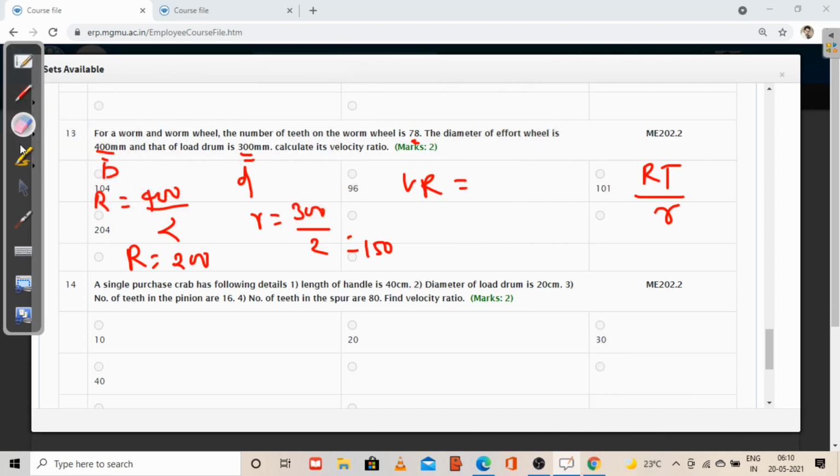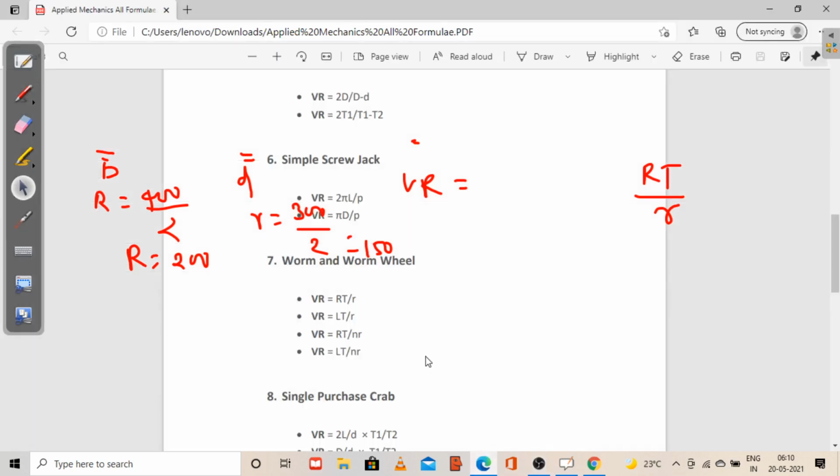In the list of formulas they have mentioned RT upon r, LT upon r, RT upon NR, LT upon NR. N means अगर threads given है तो लेना है, N नहीं है तो नहीं लेना.